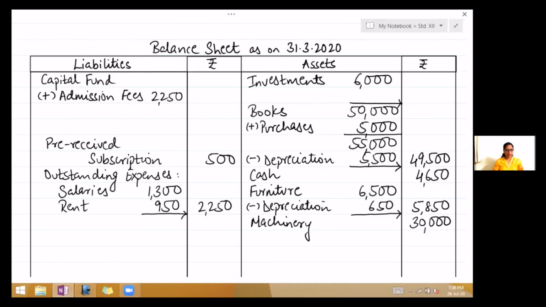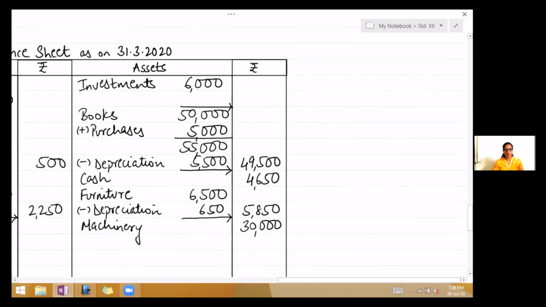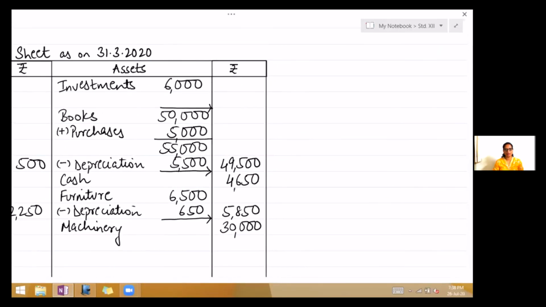6,150. Look at the last adjustment. The investments were purchased on 1st April 2019 and they carry interest at 20% per annum. So on the asset side, we can see their investments are 6,000. So this interest is accrued on those investments. So we'll do the calculation. It is 6,000 at the rate of 20%.